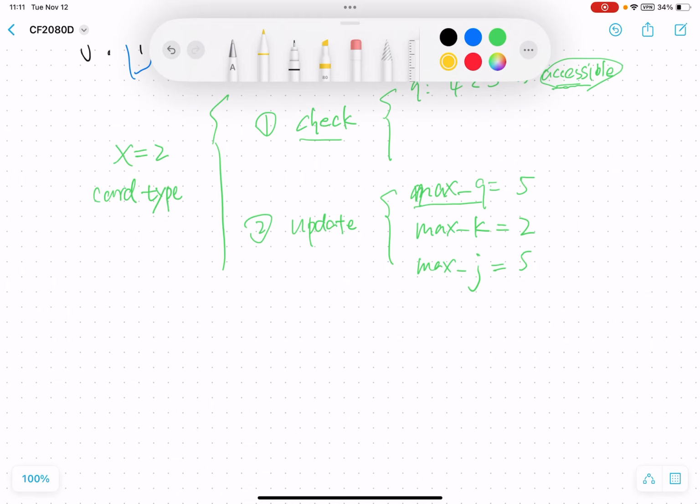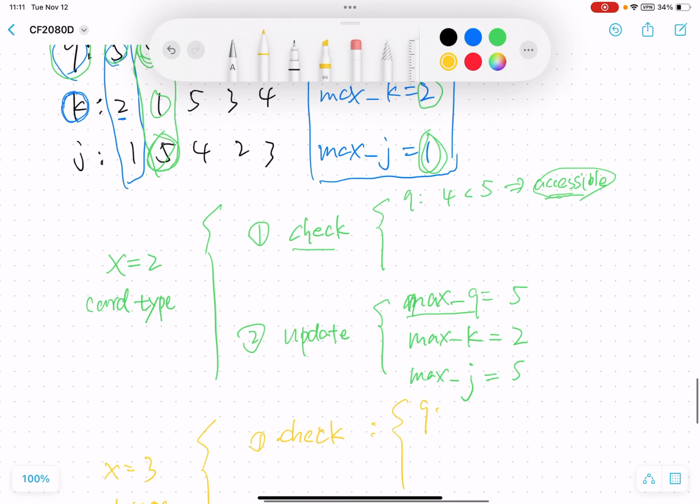For the next step, x will be 3. That means we need to check card type 3. First step is check. For every people, we can check card 3. We can check if card 3, that means current card type, is accessible for current people.